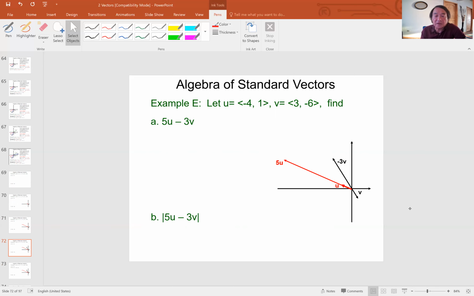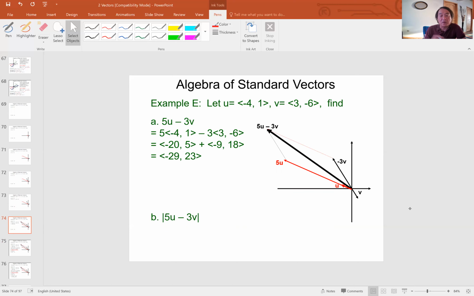I want the combination of these, add these two together, 5u plus minus 3v. So I draw the parallelogram or use the base-to-tip rule, and the vector formed is the vector 5u minus 3v.